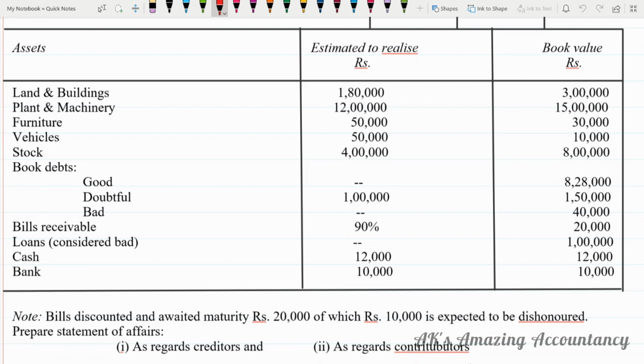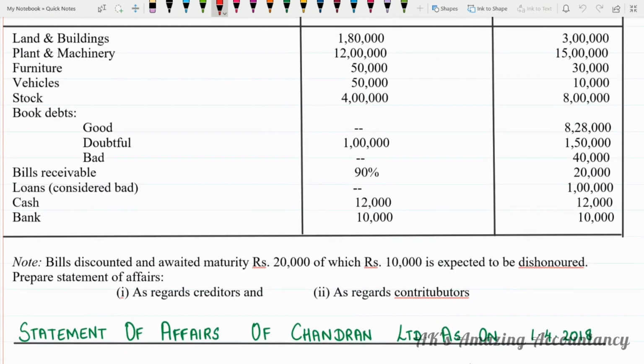Bank 10,000 each in both the columns. Note: bills discounted and awaiting maturity, rupees 20,000, of which rupees 10,000 is estimated to be dishonored. Prepare statement of affairs, number 1 as regards creditors and number 2 as regards contributories.